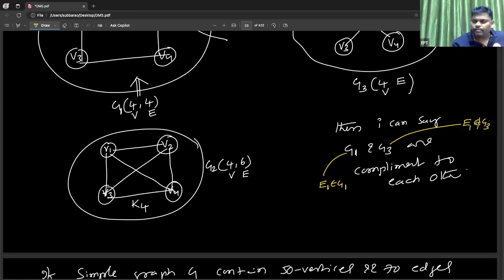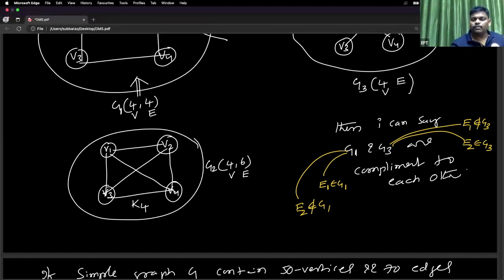That is the edge E1. Edge E2 does not belong to G1, then edge E2 belongs to G3. Fine? Is it okay? That is the definition.